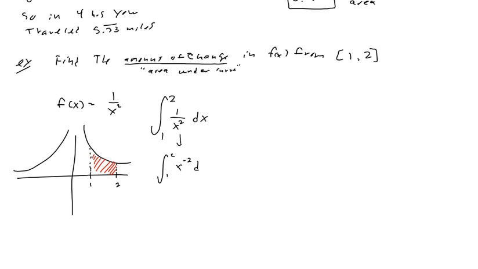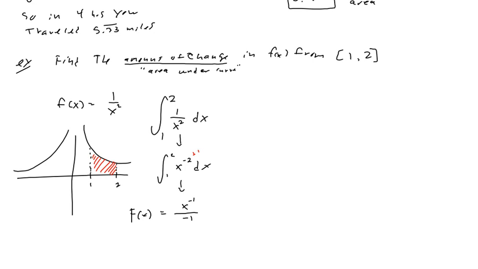Remember that? And then we know how to do the integral. We just add 1 to the exponent: negative 2 plus 1 is negative 1, over negative 1. And there's your F of x.